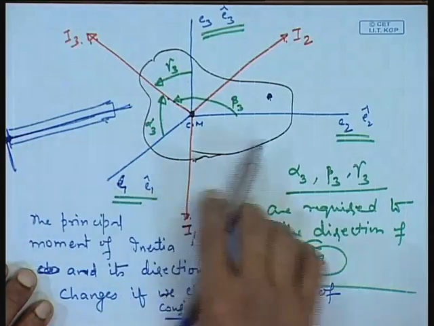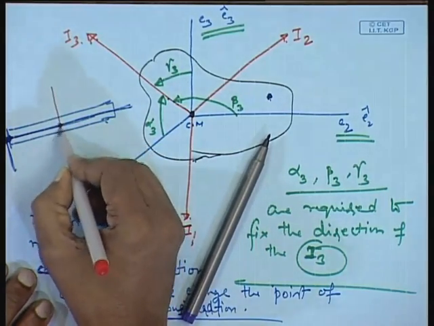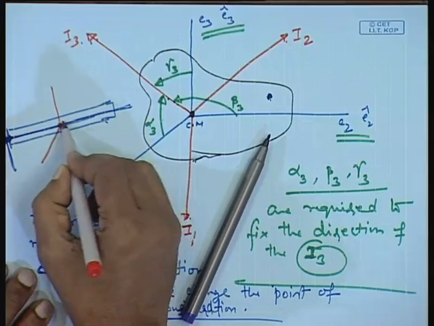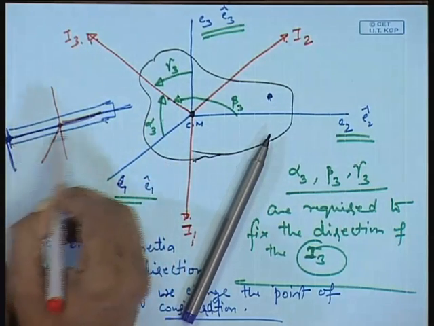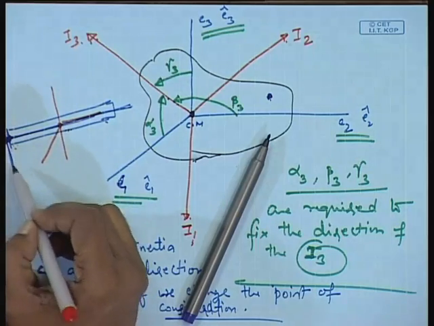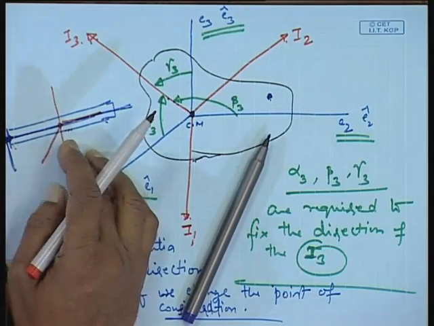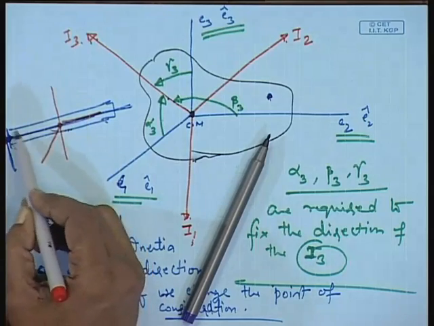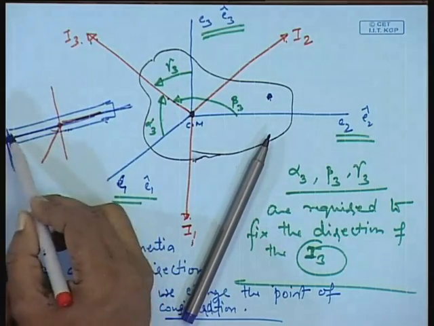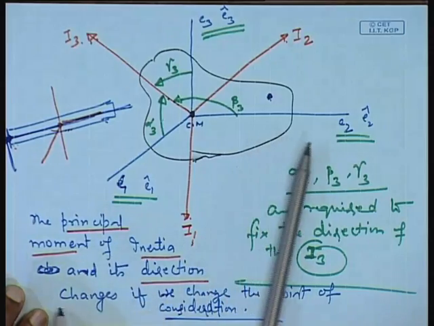Okay. And if instead you choose the point here and you have the directions like this, obviously, at these 2 points the moment of inertia will not be the same. So, the moment of inertia along these 3 axes will be totally different here from there, and correspondingly the principal moment of inertia and its direction also change.